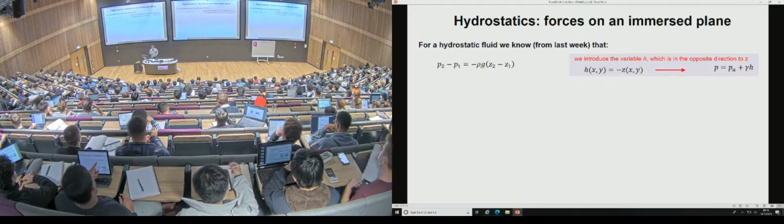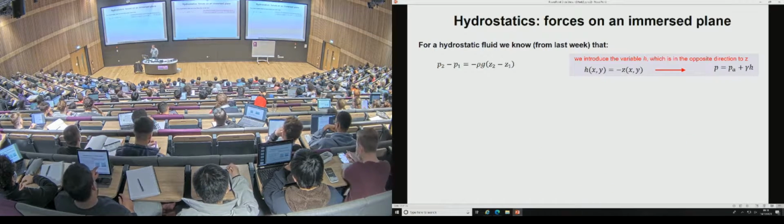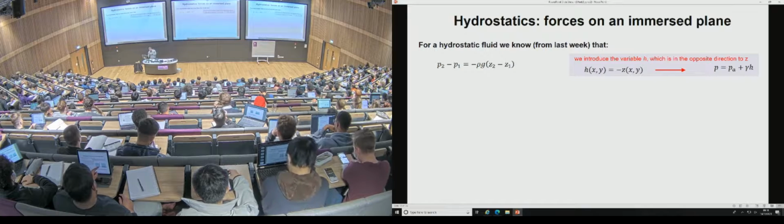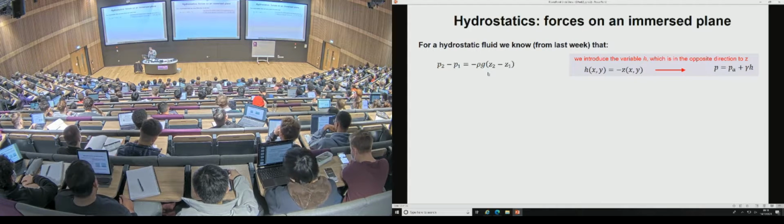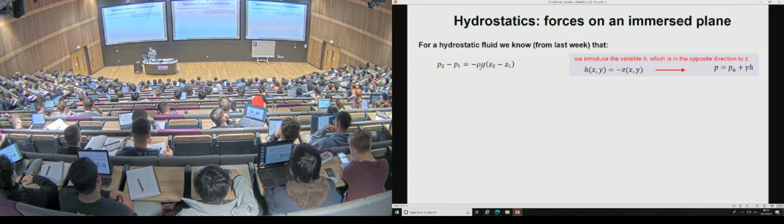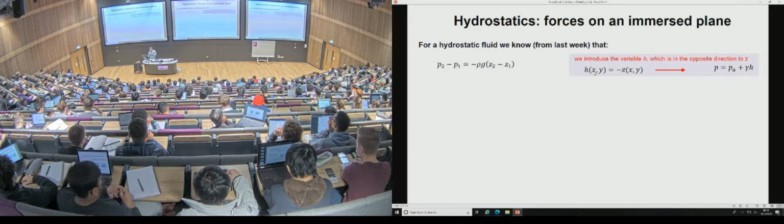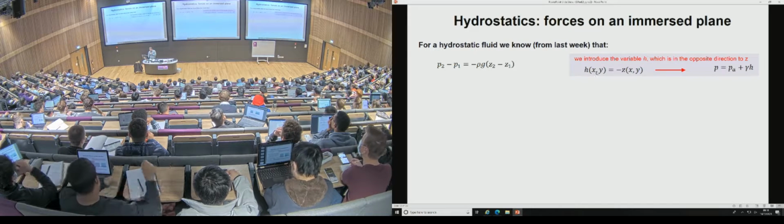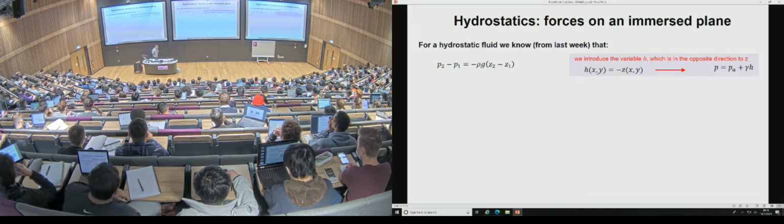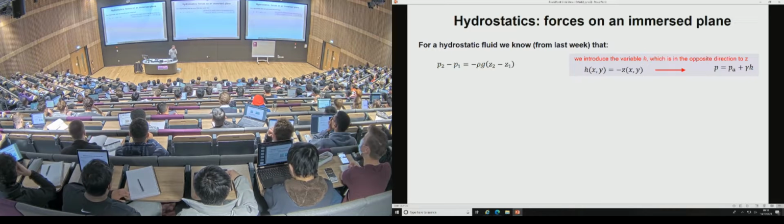So we know from last week that the pressure difference is equal to the height difference times the density and the gravity, or the specific weight. To make things a bit easier for this analysis, we generally introduce a variable h, which is our distance vertically, but in the opposite coordinate direction to z. So h is simply minus z.